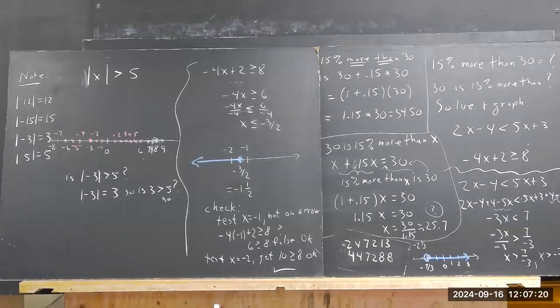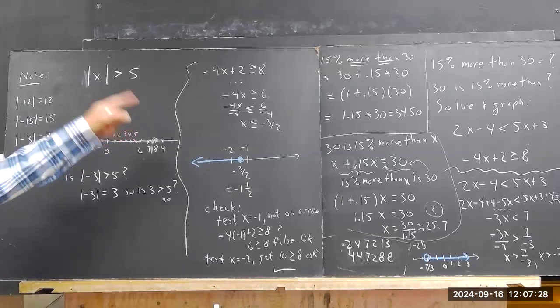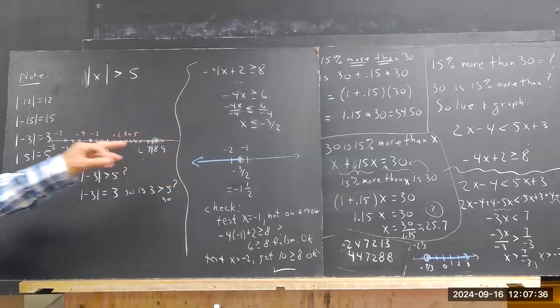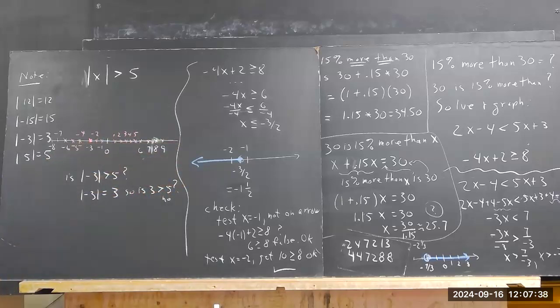Now, what about 5.000000000001? That's greater than 5, isn't it? And that's really close to 5 on the number line. So any number to the right of 5 is going to work.